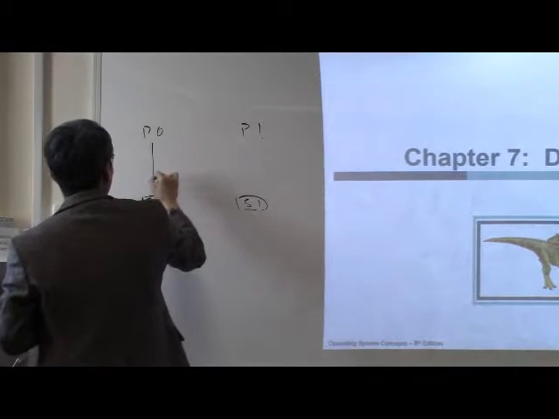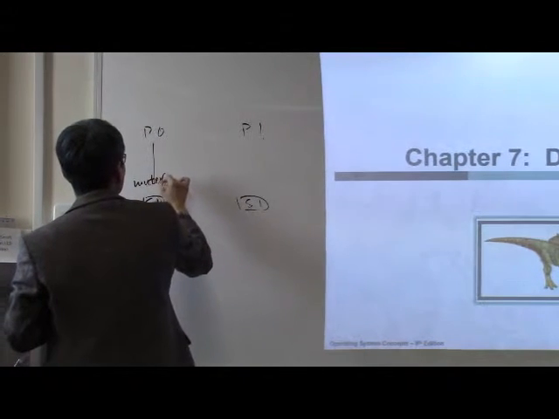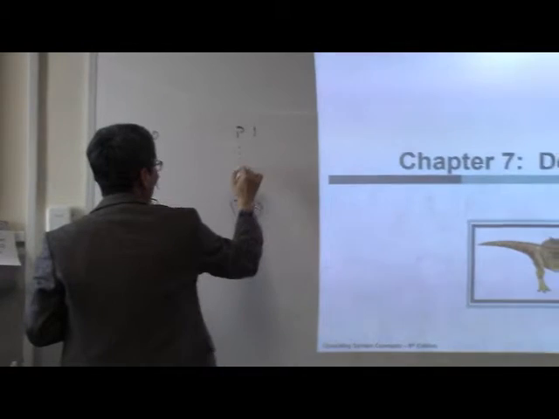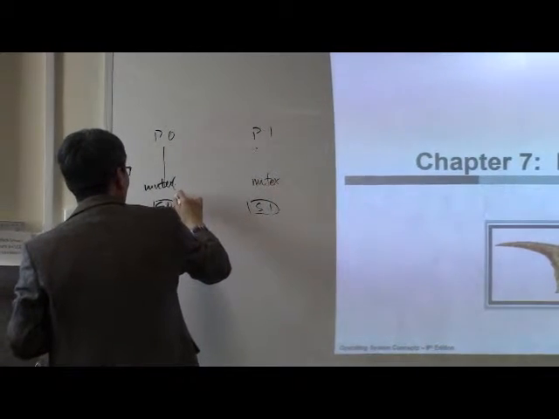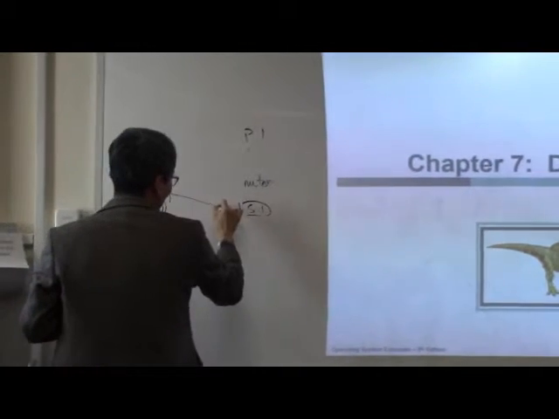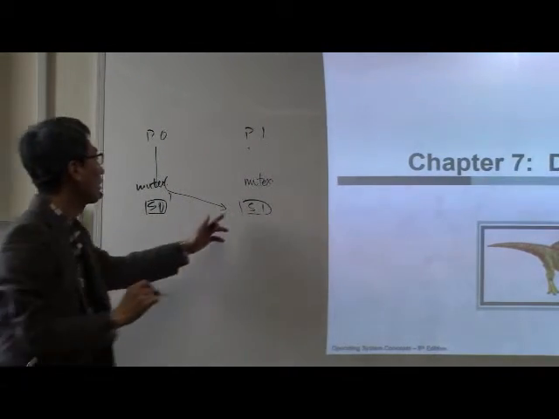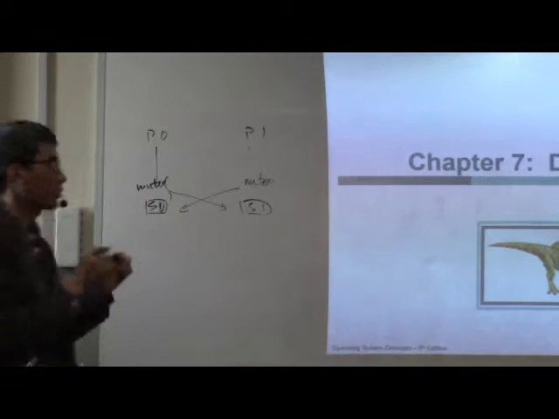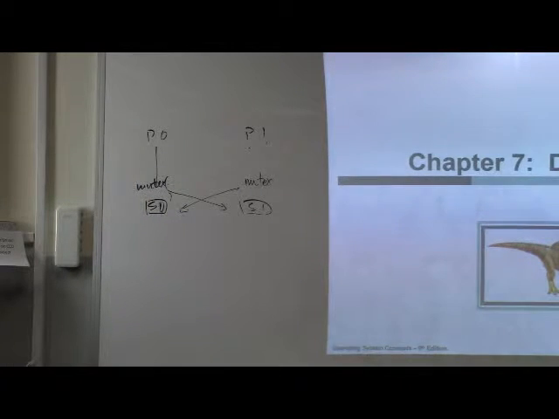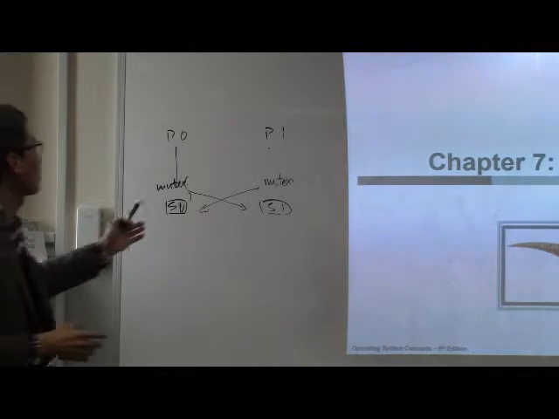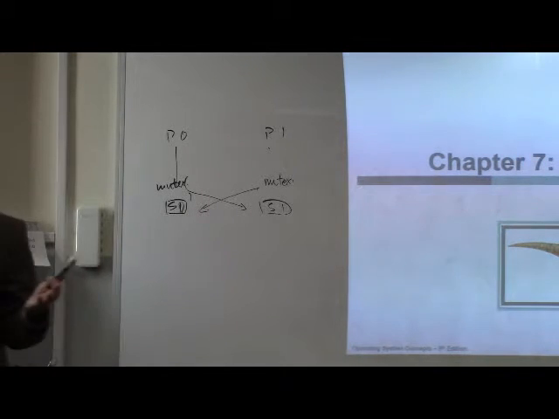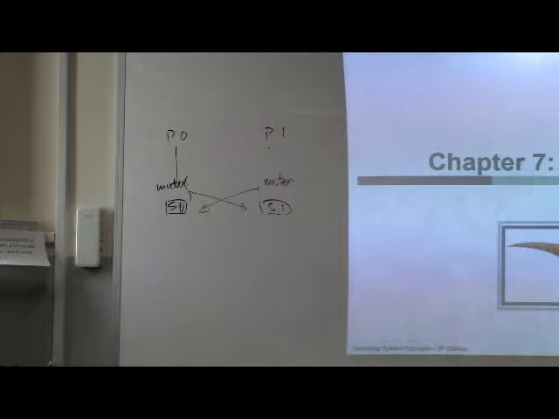This one already got the mutex lock for this, and this one got the mutex lock for this. Then what if they want another item? Request the mutex lock of S1 and the mutex lock of this. This is called the deadlock situation. Why? Because they cannot do anything until one of them is available or one of the processes gives up.